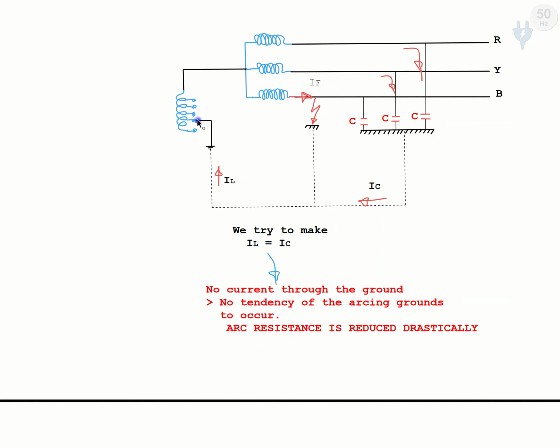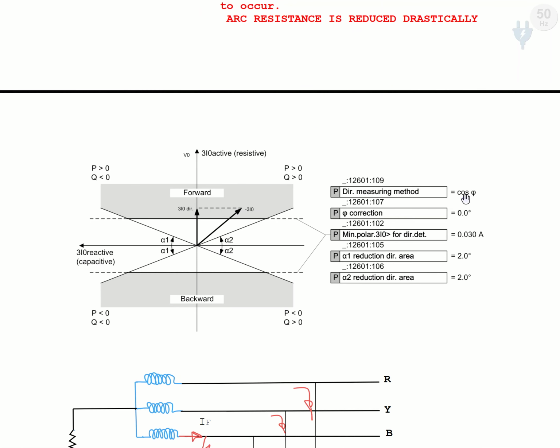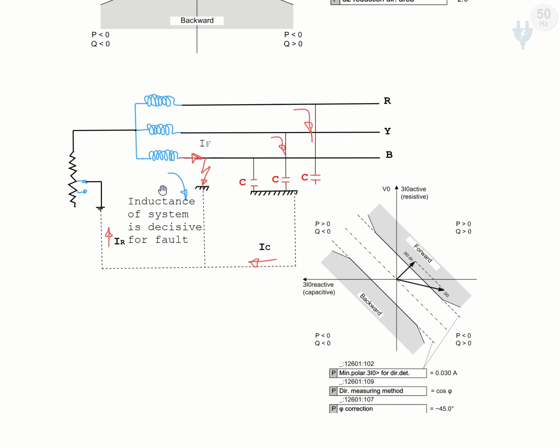We have covered that if we have arc separation coil system, arc separation coil grounded system, then we select the cosine method and we do not tilt the symmetrical angle. And also for the resistive grounded system, we said that we use cosine method and we just a little bit tilt it by minus 45 degree.